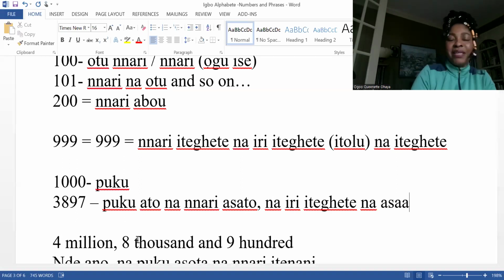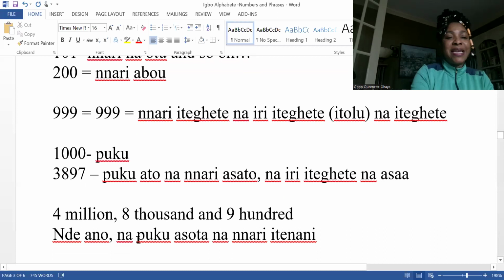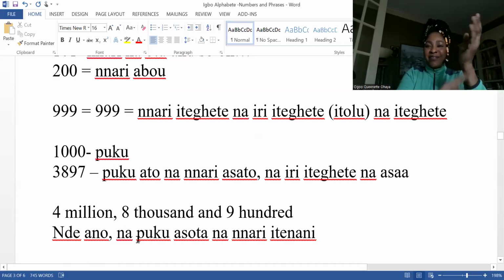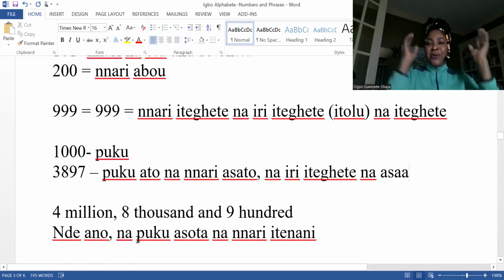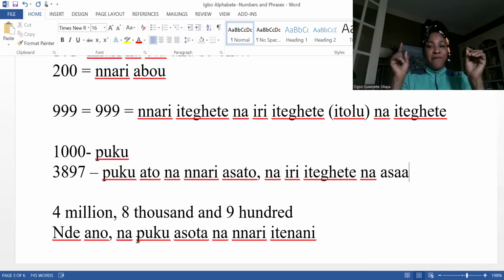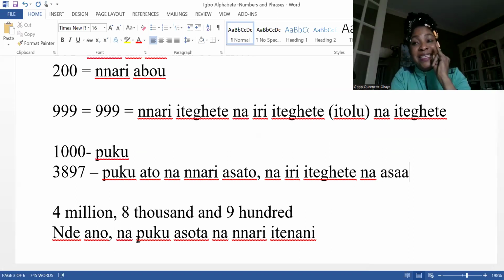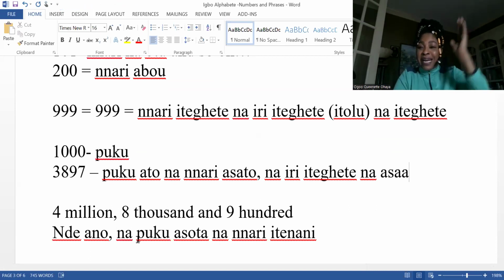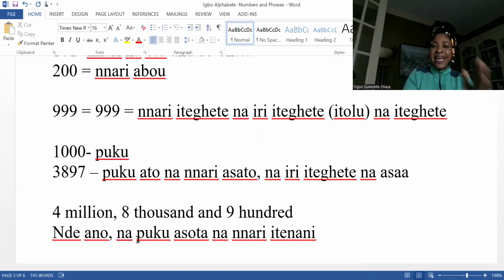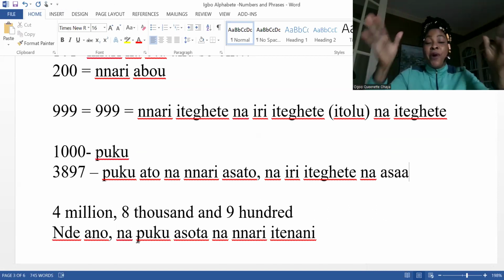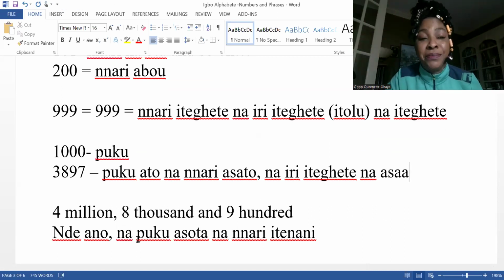So let's go down more. Now you keep counting 1,000 where puku na otu, puku na abụọ. Don't forget 100 is what? Narị. 1,000 is what? Puku. Now we're going to keep going down. You keep counting again. Puku na otu, puku na atọ, puku na iri itenani, puku na iri itenani na iteghete. So you keep going until you get to what? Million.